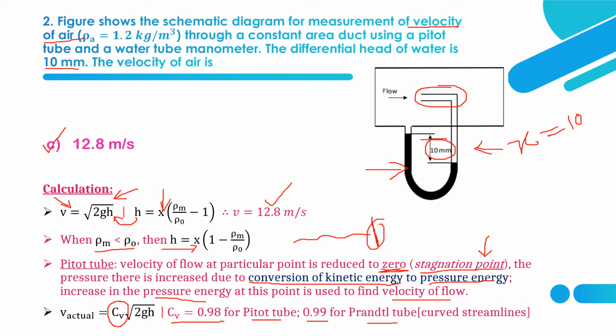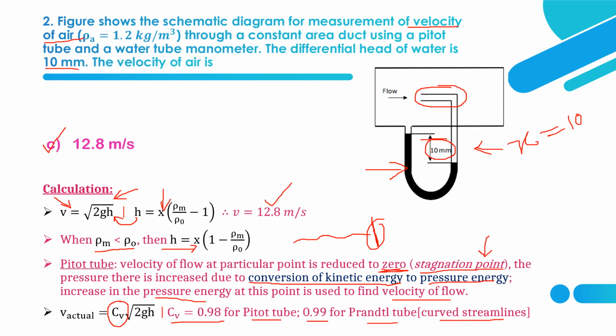In the case of the Prandtl tube, we use curved streamlines. In the case of curved streamlines, the Prandtl Pitot tube is used, and for that Cv shall be 0.99. Why are we using the Prandtl tube? When the streamlines are curved, the piezometric head at both sections in a Pitot tube will not be the same.